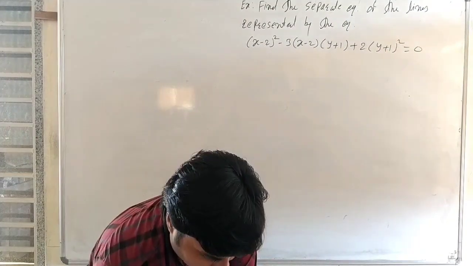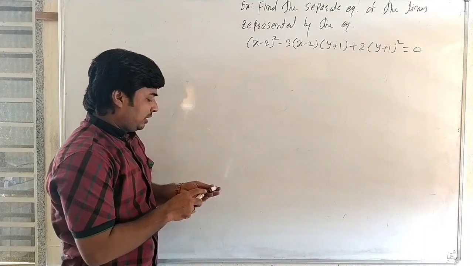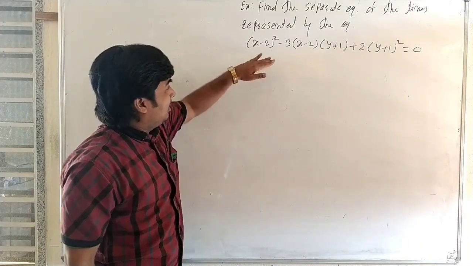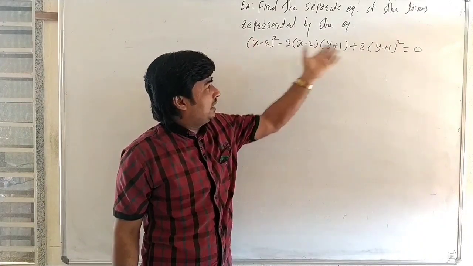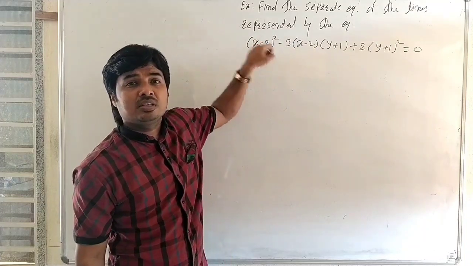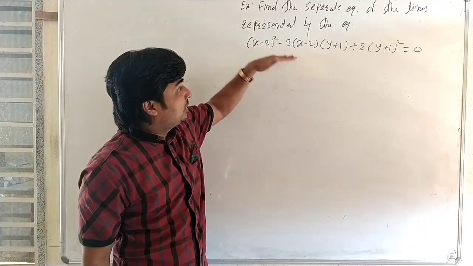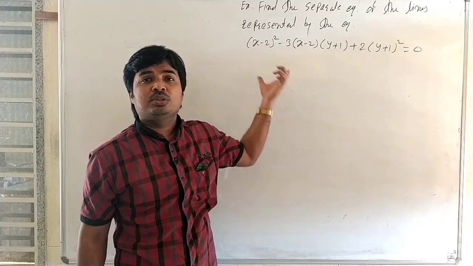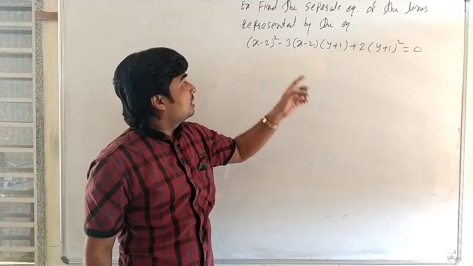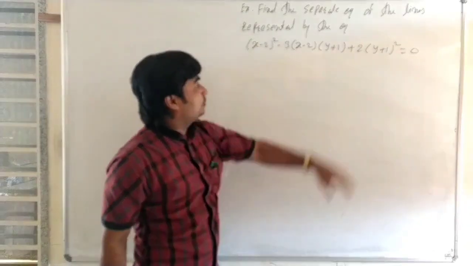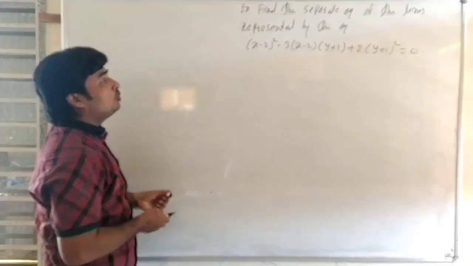Now we find the separate equation of these lines. Here when we expand, addition and subtraction, then we get the general second degree equation. Okay, there is no formula for the separation of the general second degree equation. But this equation is a form of homogeneous equation.